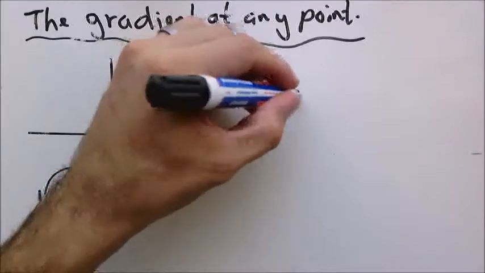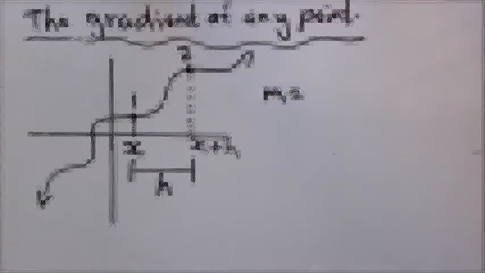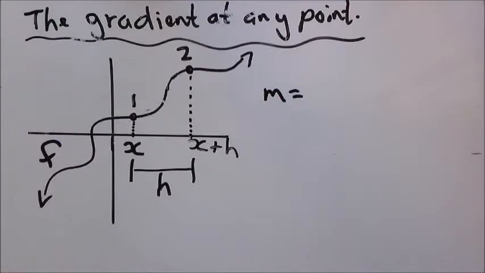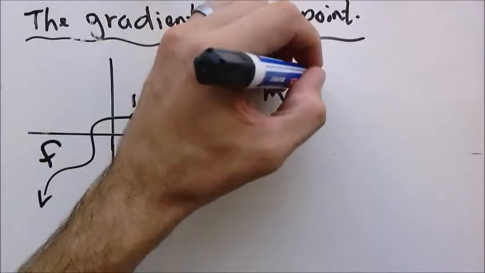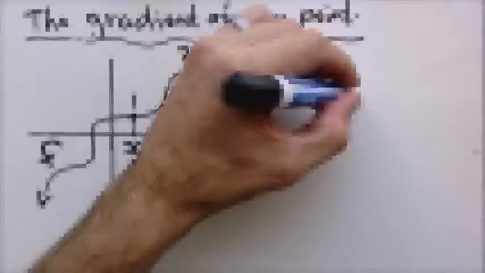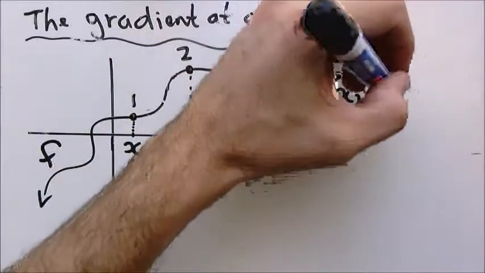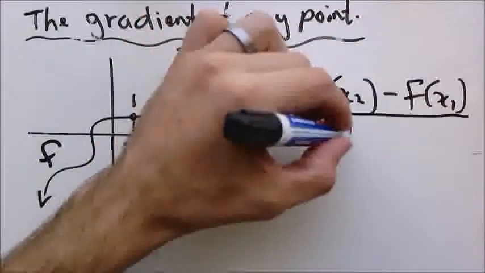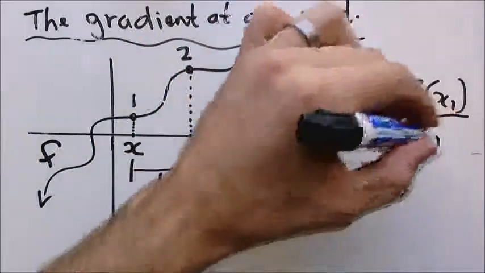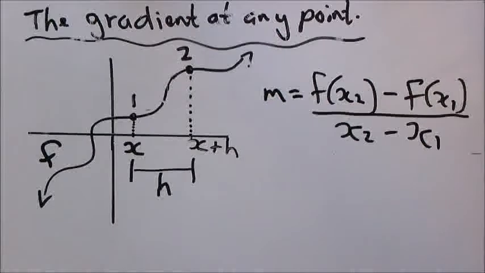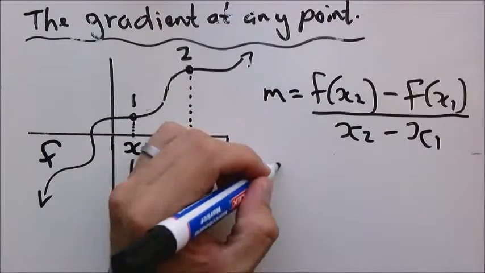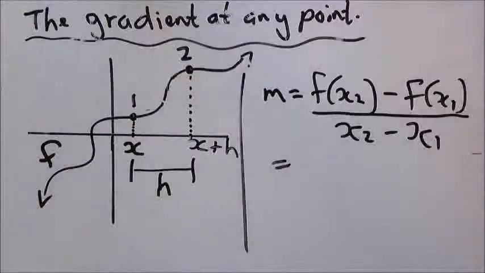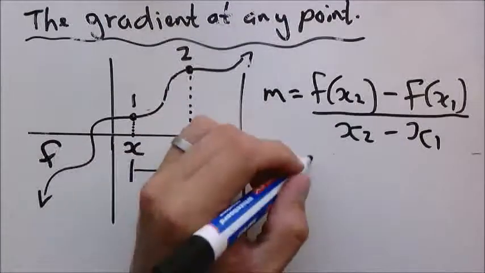And if we write down our expression, again, this is function f. If we write down our expression for the gradient, it would be function f(x) where x is x2 minus f(x) where x is x1, divided by x2 minus x1. Okay, but now we have it looking like this.